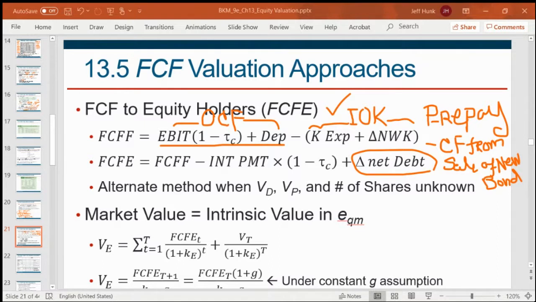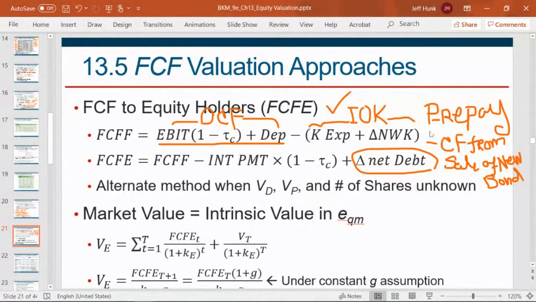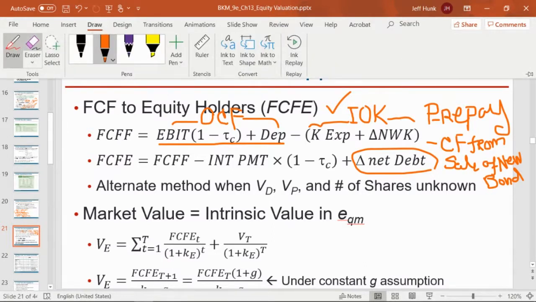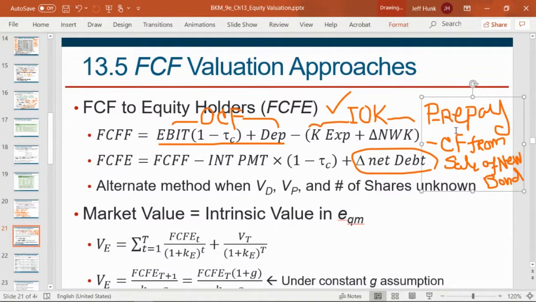So increasing the net debt should be, from the cash flow perspective, actually, it should be switched, right? So what I should have done is, how did I switch this? Yeah, so I have to do it this way.